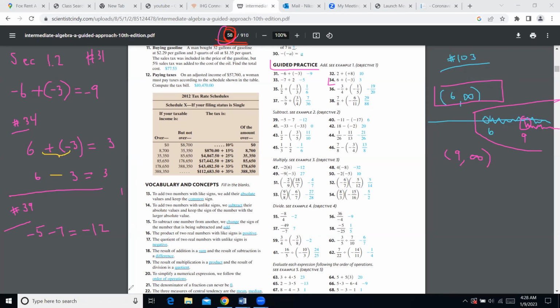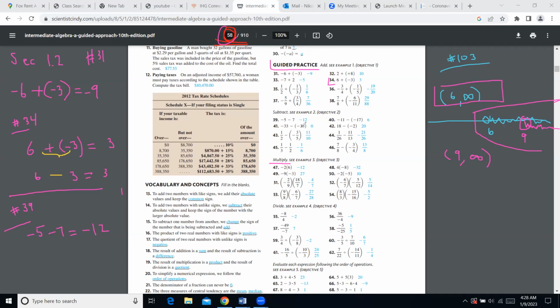It has nothing to do with this. This works when you multiply. When you multiply numbers, it's a different process, a different type of procedure. But when you add and subtract, the rule is same signs you add, different signs you subtract.